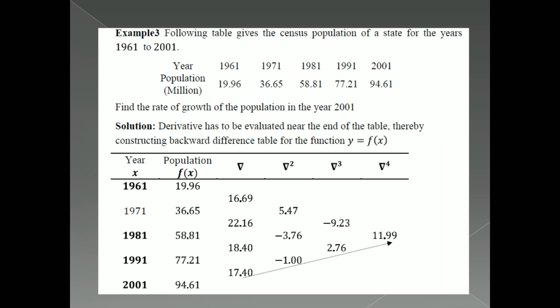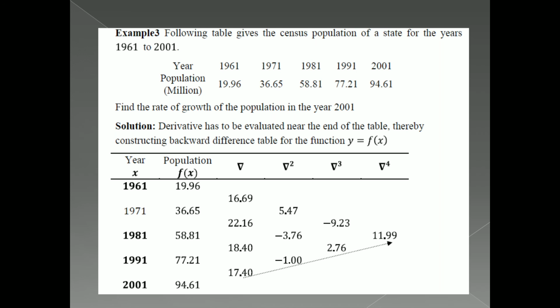Similarly, take one more example. This example is based on the derivatives of a function by using Newton's backward interpolation formula. Write down this example and see each and every step of calculation.